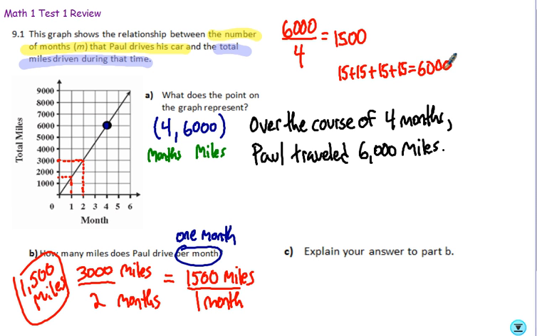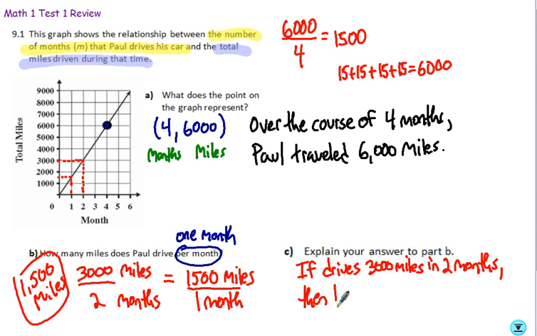As far as explaining our answer here, what we could say is, we're going to put into words basically what we just did right here, which is that if he drives 3,000 miles in 2 months, then he drives 1,500 miles in 1 month.